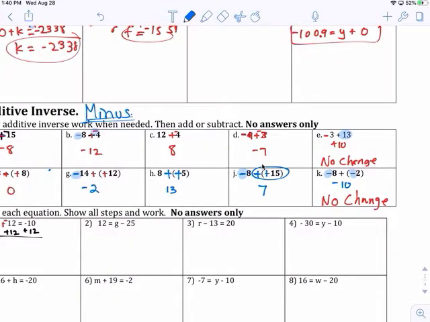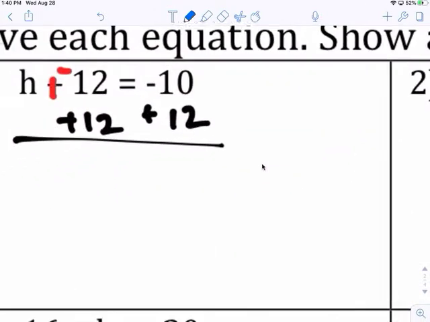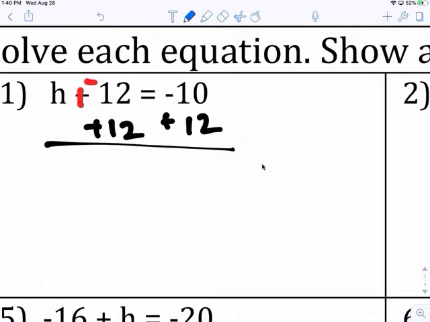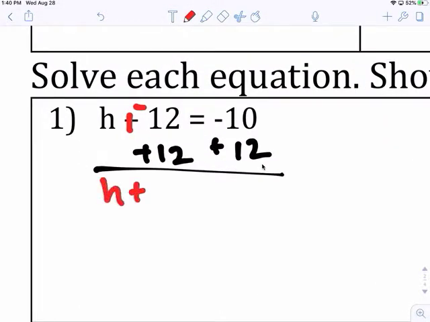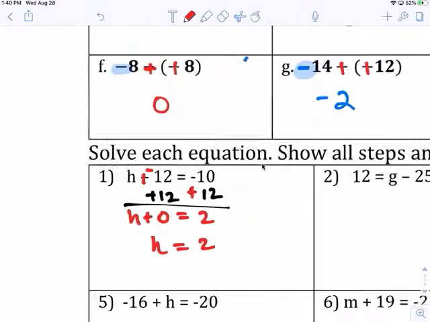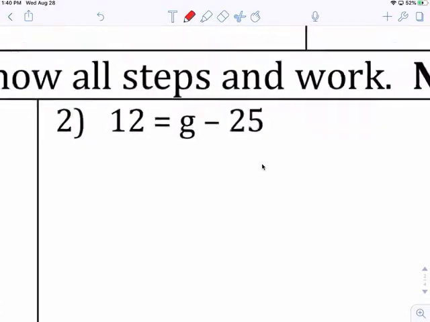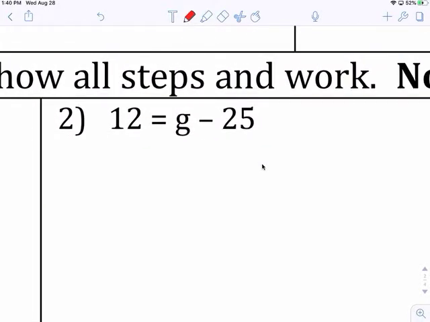Okay, the bottom one, even though it's a minus problem, it's the same thing. Okay, every minus problem, you do additive inverse. H plus 0 here, because -12 and 12 is 0, equals +2, positive because the bigger number is positive. H minus 0 is H. 12 equals G minus additive inverse.